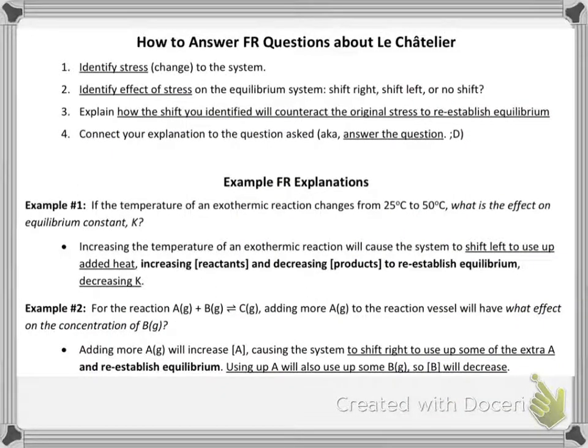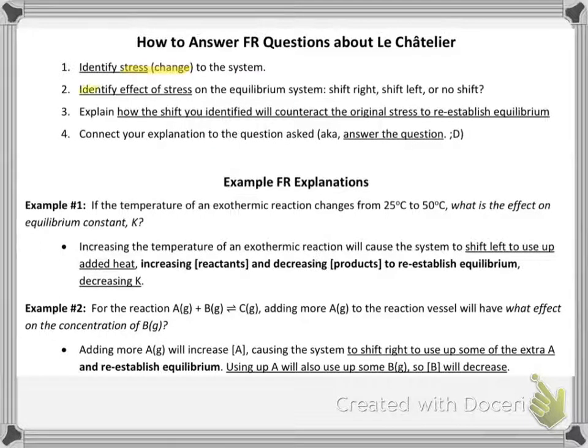Okay, let's change gears and talk about how to answer free response questions about Le Chatelier. There is a pretty straightforward pattern that you can use, and if you follow this step-by-step pattern, you will always make sure that you hit the key information needed to get full credit for your free response answer. The first thing is just to make sure that you have identified whatever stress or change has been made.